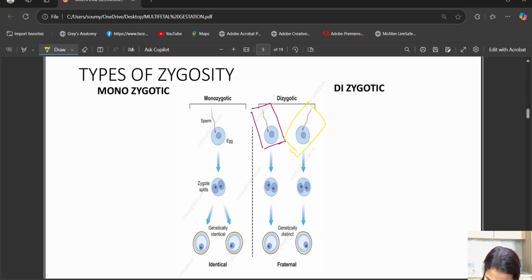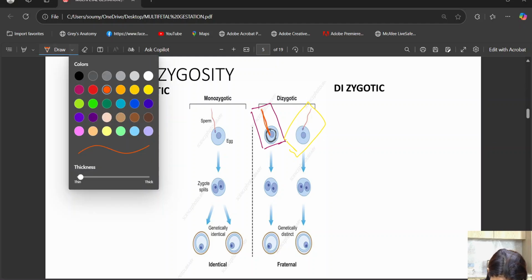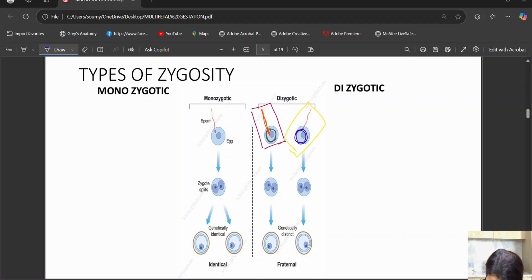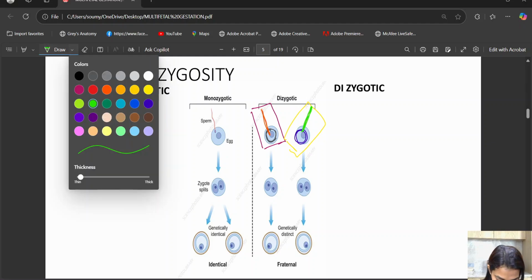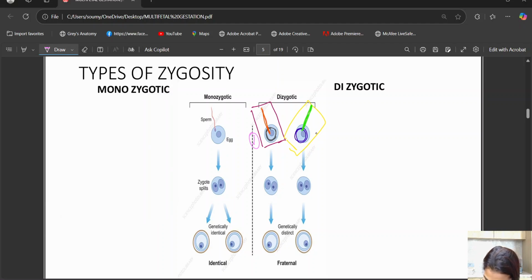Now this is one egg that was fertilized by this sperm, and here there is a completely separate egg that was fertilized by a completely separate sperm, making two different zygotes. One zygote and two zygotes. Now this one zygote and two zygote go on to form a genetically distinct pair of twins.